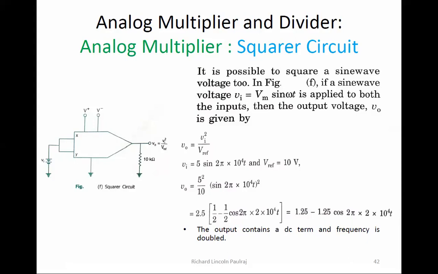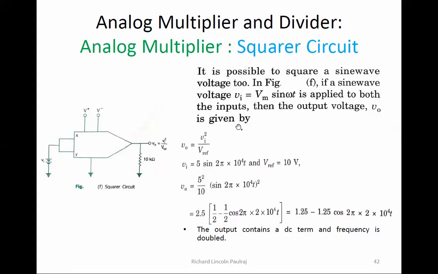Let's say the height, as we saw in one of the problems, was about 4 volts peak to peak. Squaring is not only 2 times, it's actually multiplying by itself, so it becomes 4 into 4, 16, right? If I want to do that with a sine wave as an input, that's also possible.